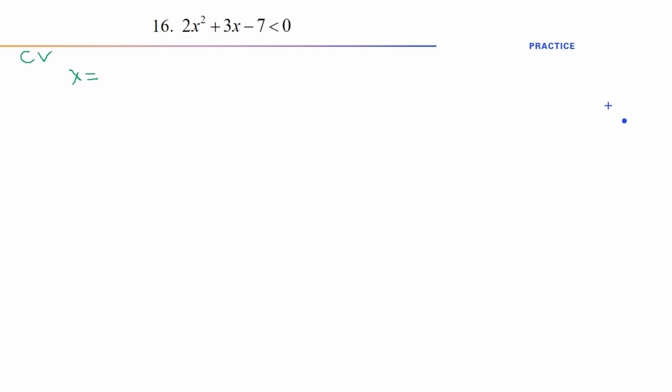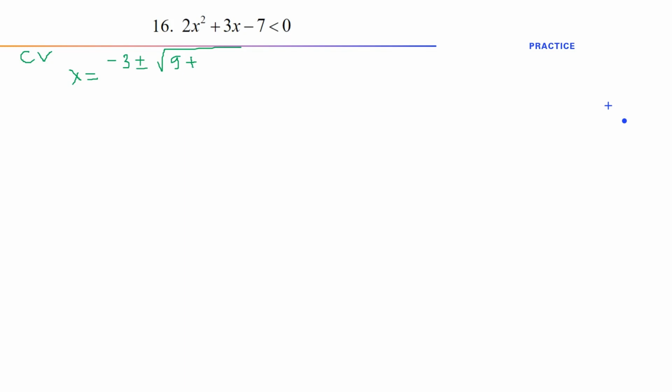Okay, so x equals minus 3 plus or minus the square root of 3 squared, which is 9, minus 4 times minus 7.